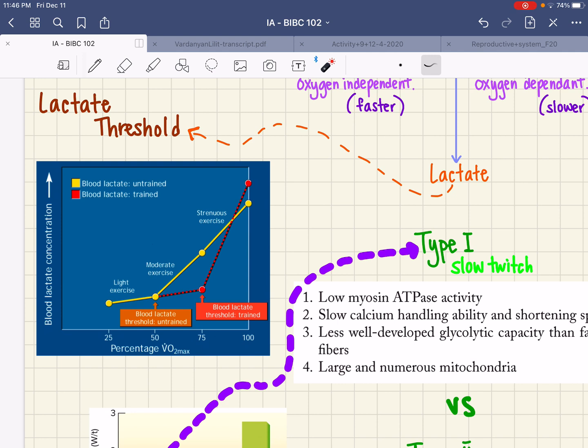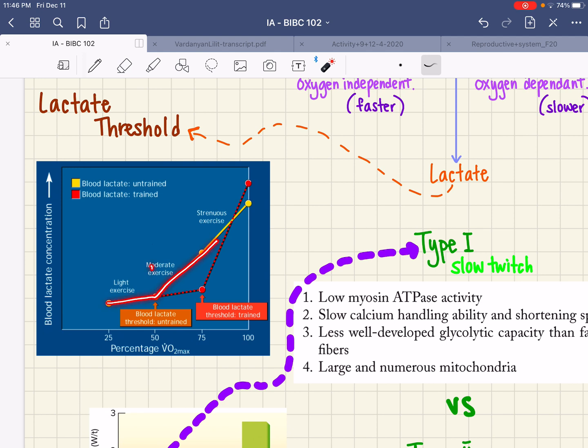However, there is a point in your VO2 max where your muscle cells will no longer be able to process lactate. And once you hit that threshold, lactate levels in your blood will start to rise more rapidly. So as you see here, this is the untrained person.